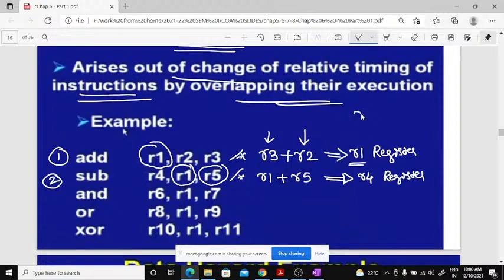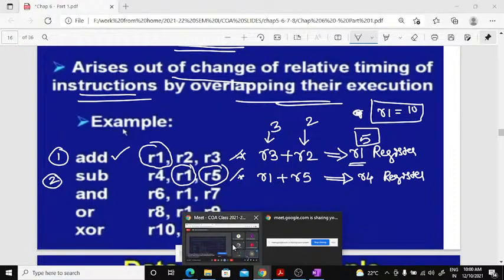Suppose we consider R3 is equal to 3 and R2 is equal to 2, and initially the R1 register contains some value like 10. After execution of this instruction, we'll get R1 as 5. The R1 register contains the value 5, that is the original value.